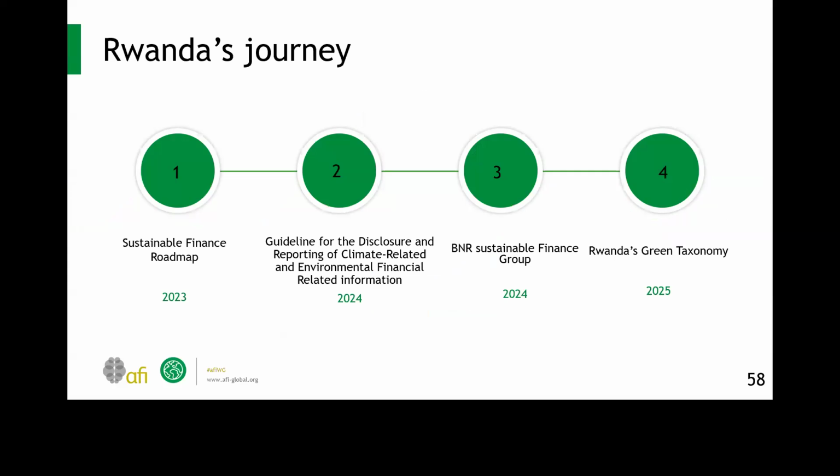The journey started way before, especially under the Ministry of Environment, and for the financial sector specifically, it got to us around 2023, where we developed the very first sustainable finance roadmap in Rwanda.